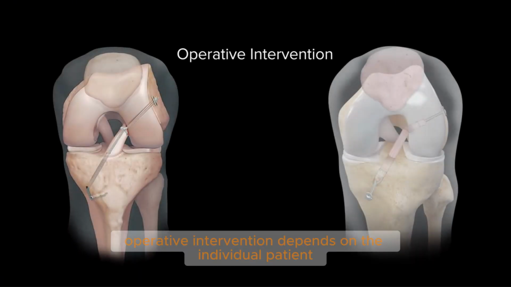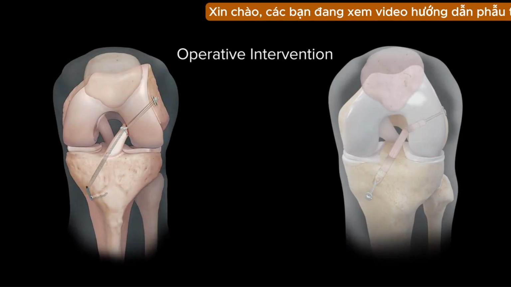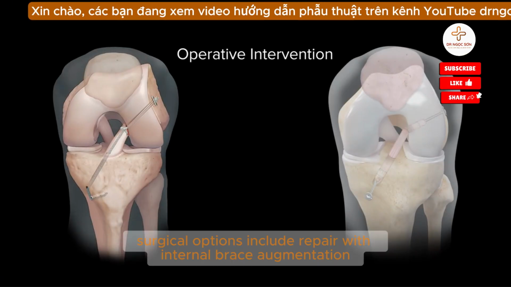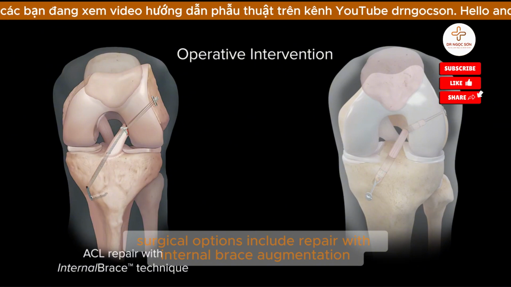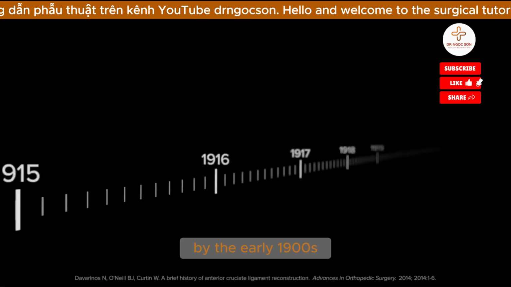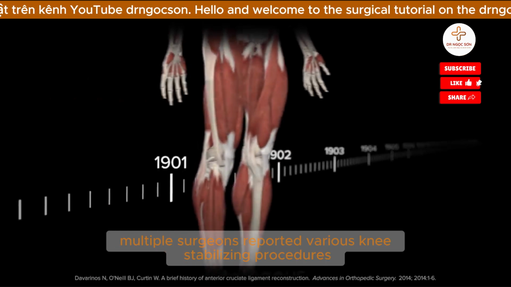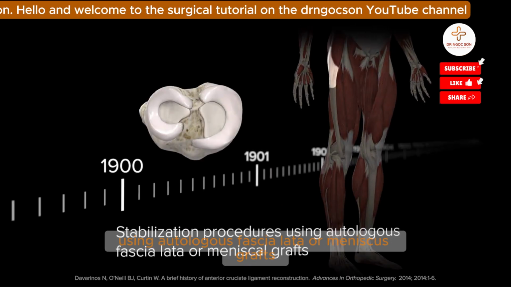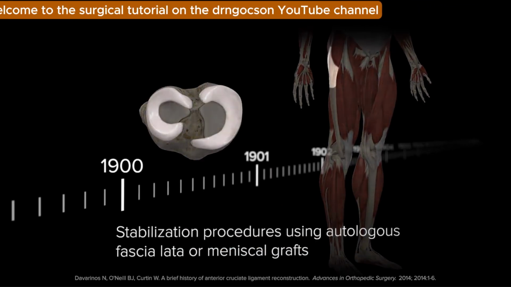Operative intervention depends on the individual patient, surgeon, and injury. Surgical options include repair with internal brace augmentation or reconstruction. By the early 1900s, multiple surgeons reported various knee stabilizing procedures using autologous fascia lata or meniscal grafts.